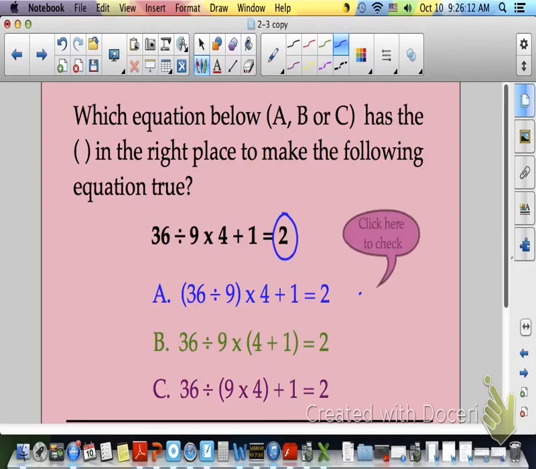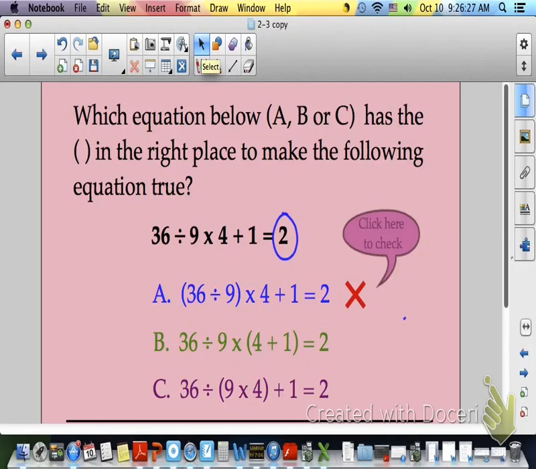Yeah. Go ahead. So 9 times 4, 36. No, start with this. Let's do A, B first. Oh, so 36 divided by 9 is 4, and 4 times 4 is 16, plus 1 is 17, so that wouldn't work. Okay. And if you do B, 4 plus 1 is 5, and then 36 divided by 9 is 4.